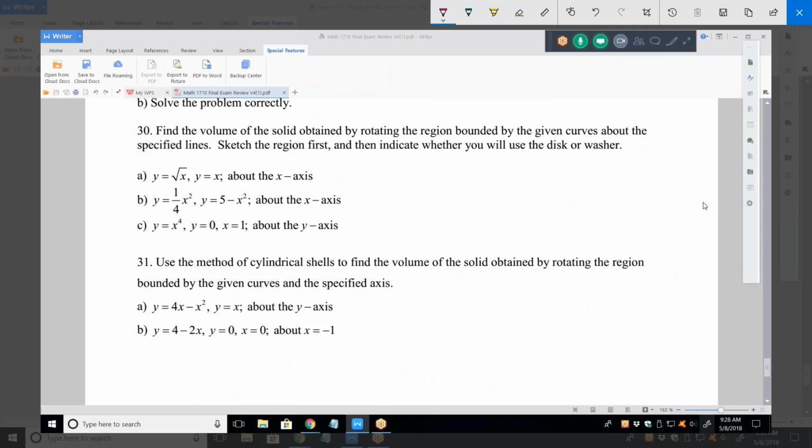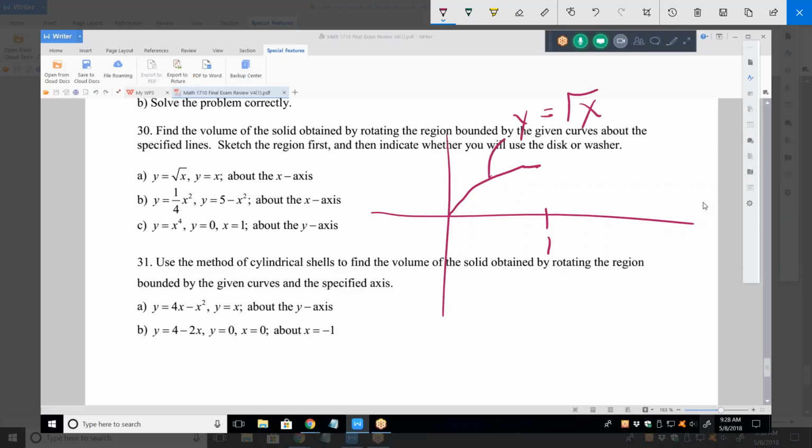Now, if I had a problem like this, where it says just rotate that from 0 to 1. In other words, if I had only y equals square root of x, then what would I use? Disk. Okay, give me the volume of this. I want the volume if I rotate from 0 to 1 again.